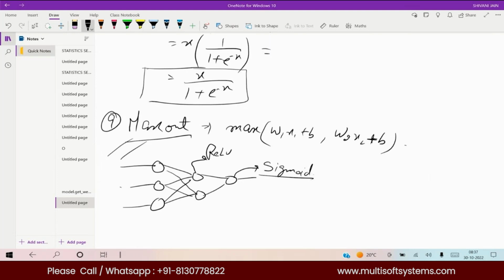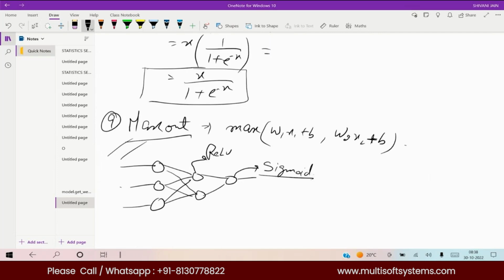In hidden layers you can use ReLU. Suppose you have 5 hidden layers, use ReLU in all of them. If you're finding a problem in ReLU, try leaky ReLU or PReLU. But in the output always use sigmoid. It's not a thumb rule, but give it a try. If you are not getting good accuracy, then you can go with other functions also.